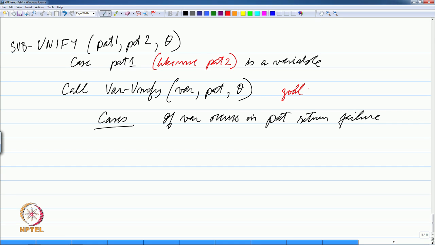Now, remember what we are trying to do. Our goal is to eventually say that theta will become theta union the variable and pat.